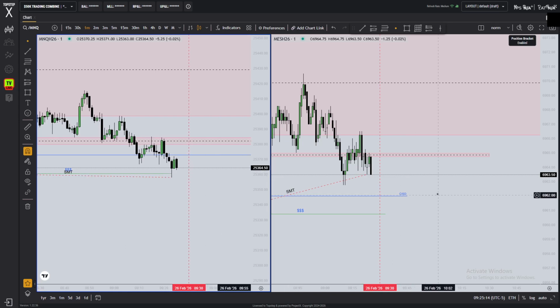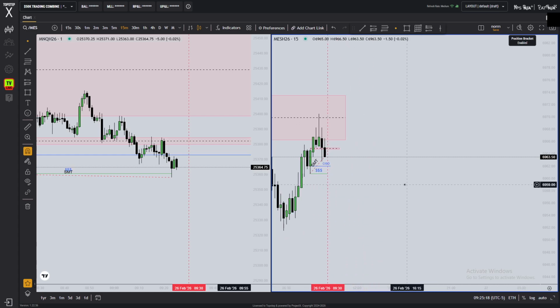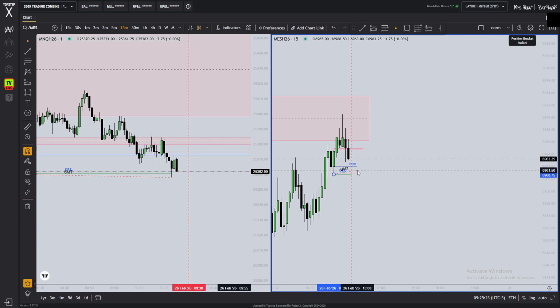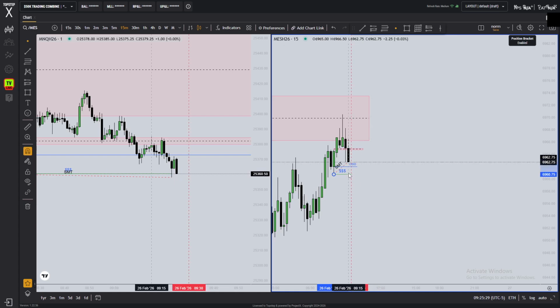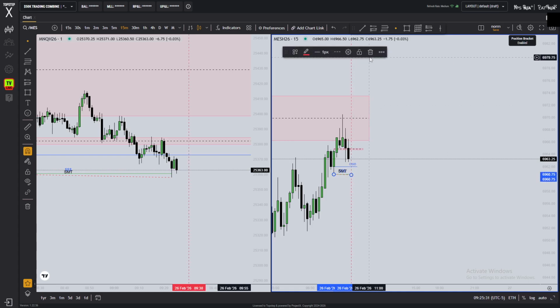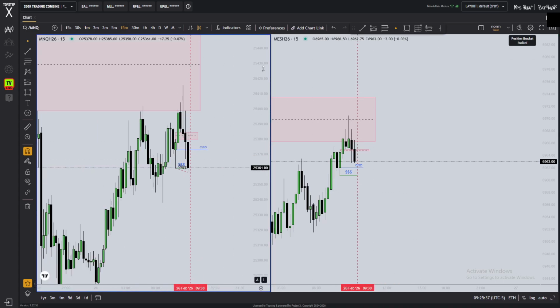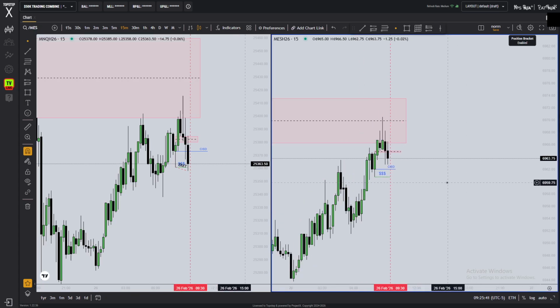See if we want to take that as well. So the 15-minute, it looks like it's going to get put in on NQ. Again, like I said, I'll keep repeating it because that's exactly what you want to see.